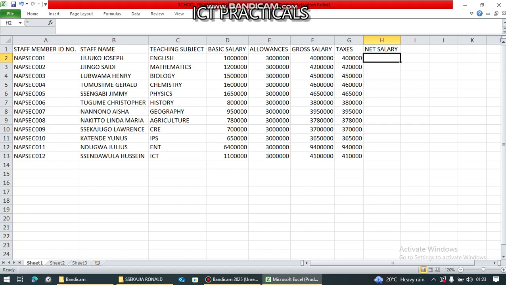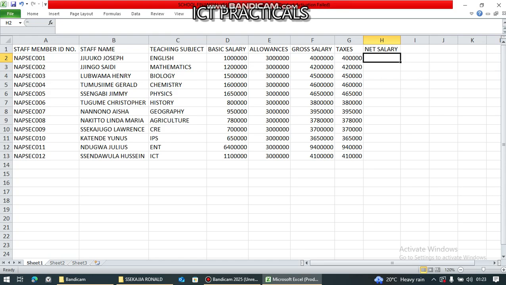Then to get the net salary, we take the gross salary minus the taxes. So that is the remaining salary or the remaining income after the taxes.